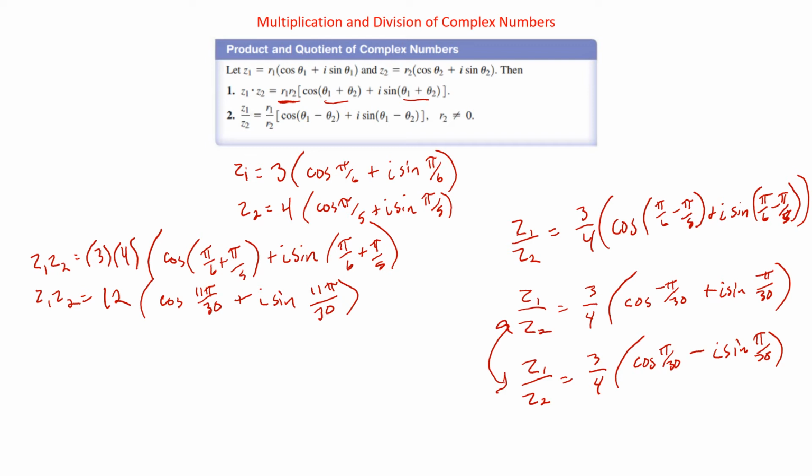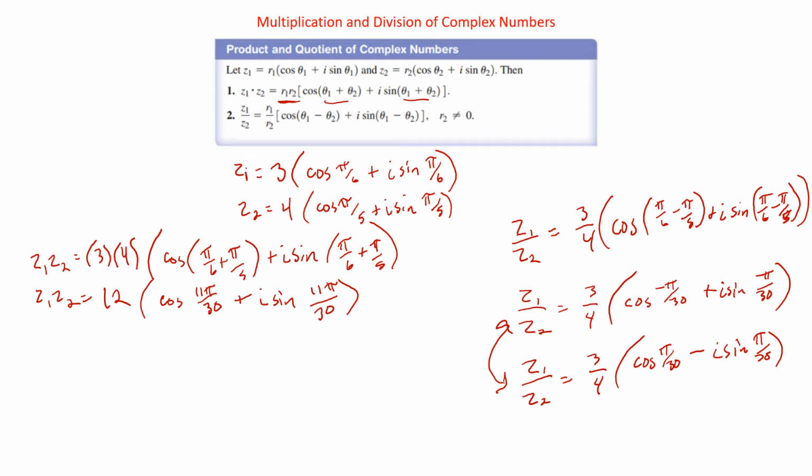Obviously, if we're using degrees, and our angles are 12 degrees and 40 degrees, we'd have 52 degrees when we're multiplying. And if we were subtracting, let's say we're dividing the 40 one by the 12 one, we would subtract and have 28 degrees. So with degrees, you don't need to find the common denominators and stuff.